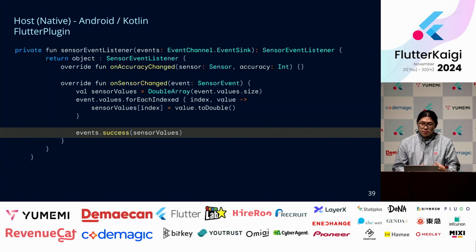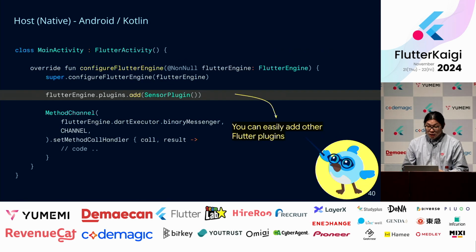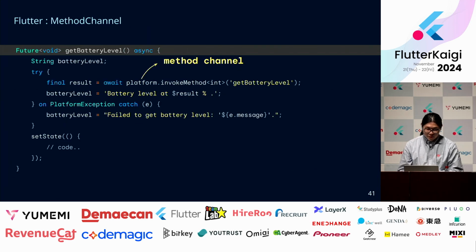We call the success method on the event sink while passing the sensor values at the same time. It's simple. The implemented sensor plugin can be easily added in the configureFlutterEngine method of the MainActivity class. This concludes the native implementations, and now let's take a look at how to implement it in Flutter.